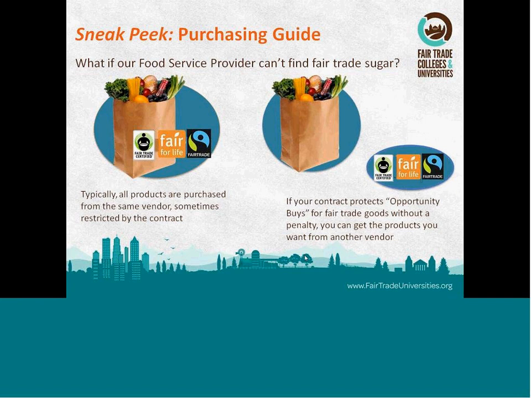If you look on the left-hand side of the screen, there's this icon of a grocery bag along with all the fair trade products. So this represents the fact that most campuses have an existing contract with a single vendor that provides food, either through full food services or through a contract where they sell all the needed food to your campus, all from one vendor.